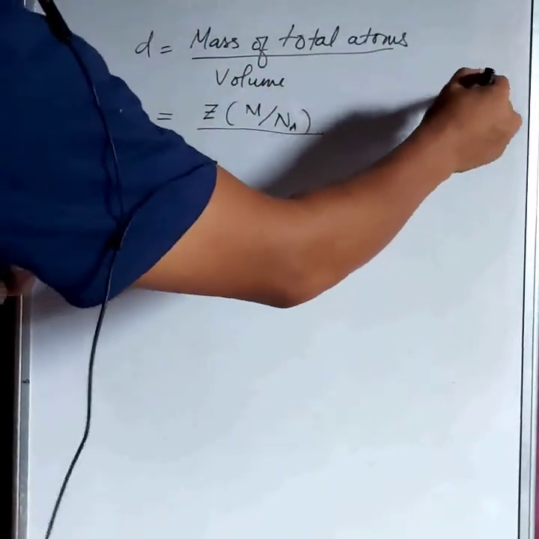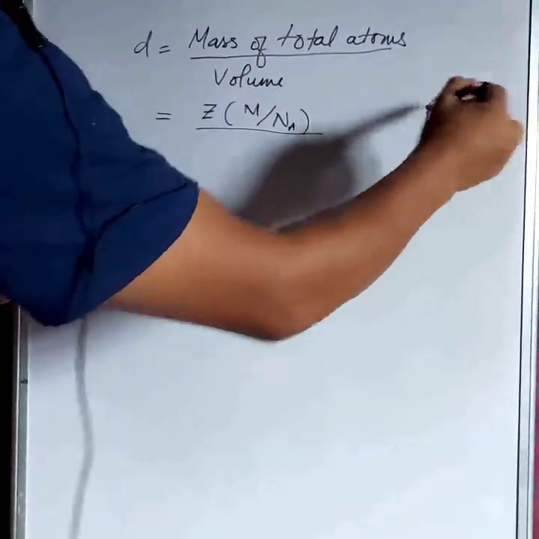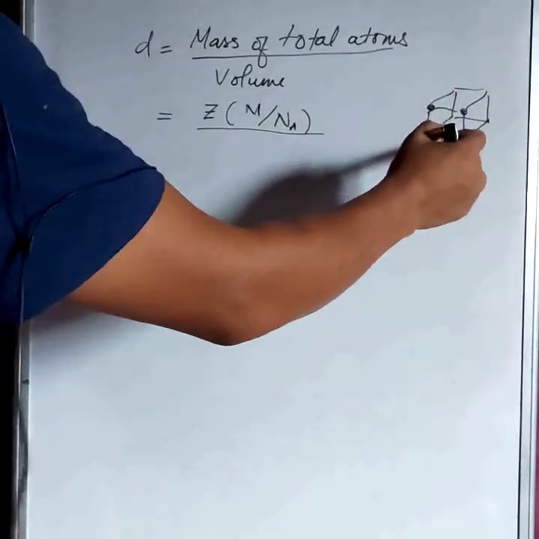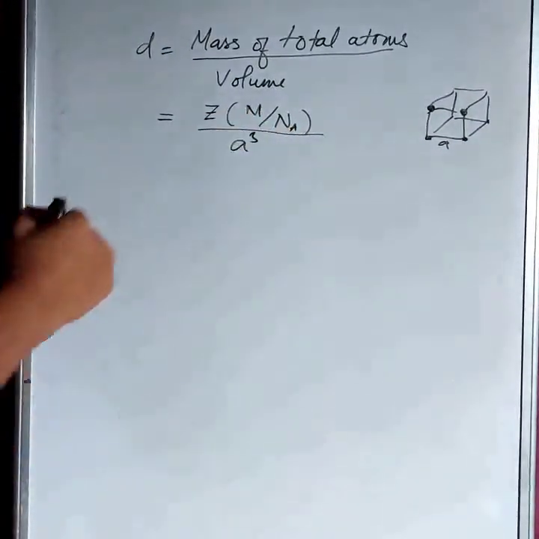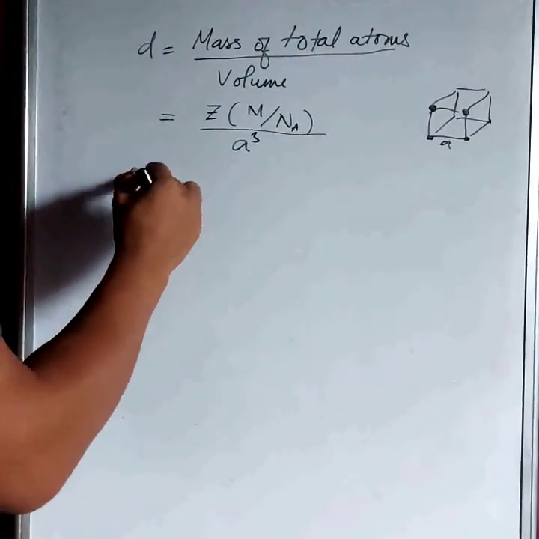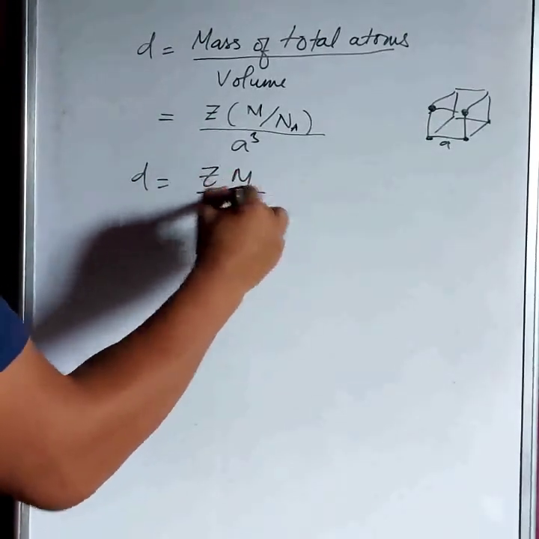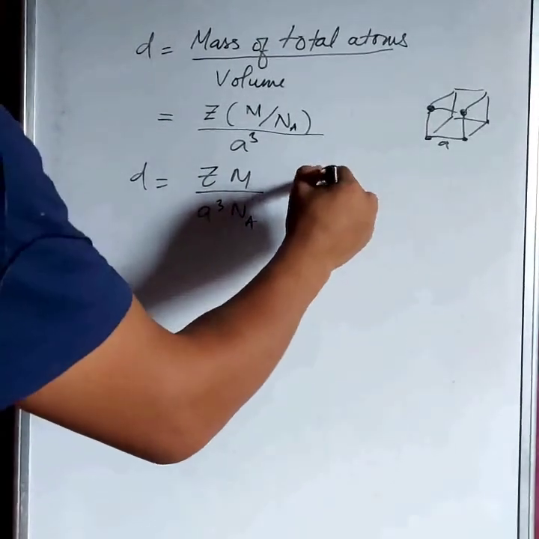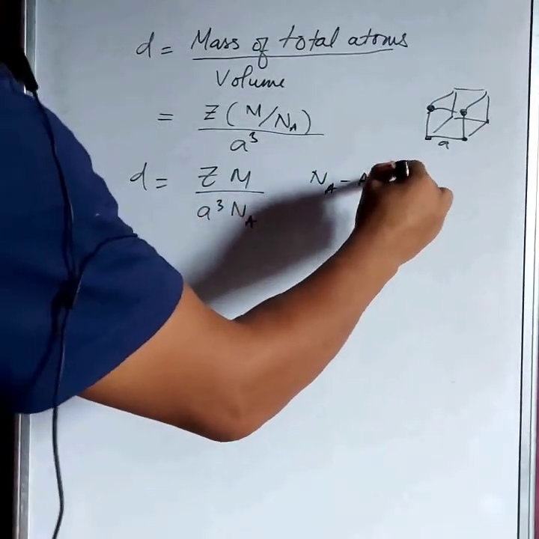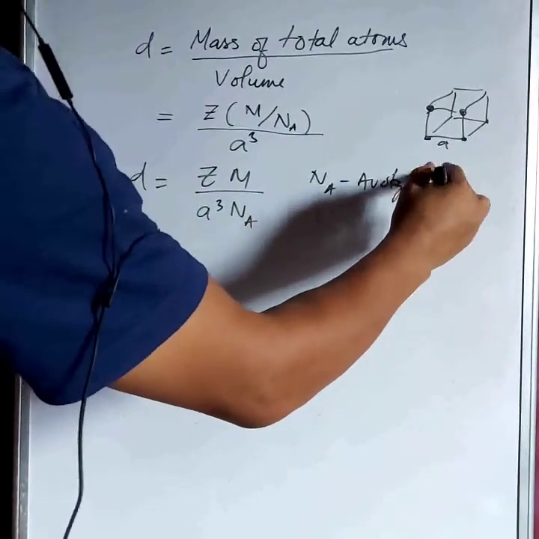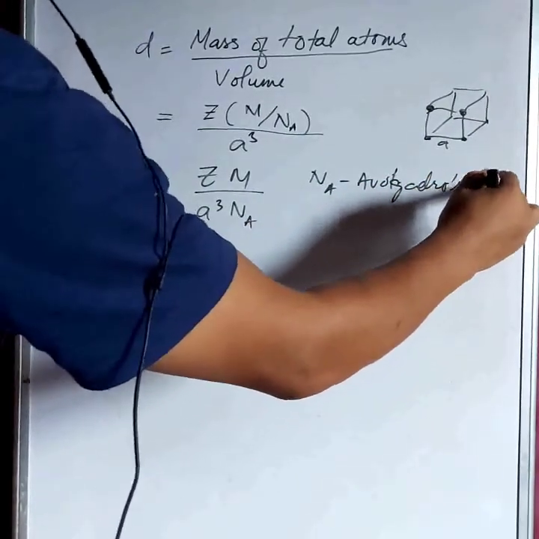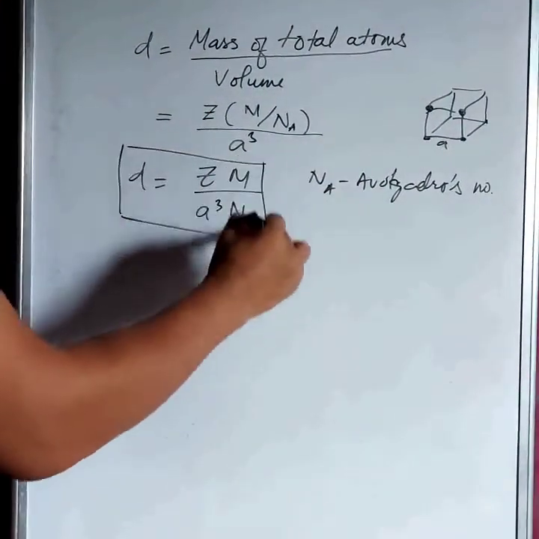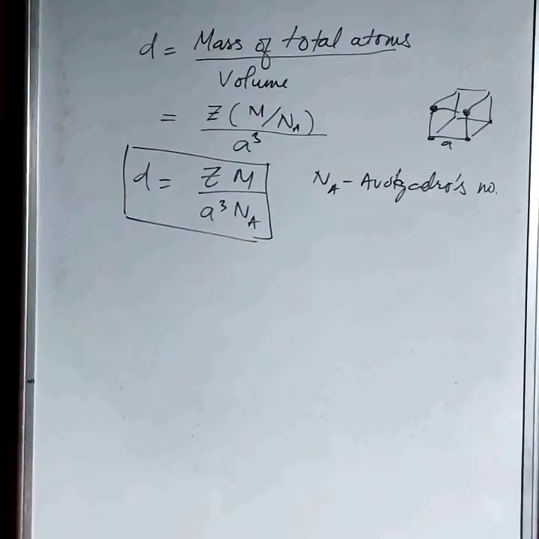Since it's a cube, if we take one edge as a, then the volume will be a cubed. So the density is Z into M over a cubed Na, where Na is our Avogadro's number, and a is the edge length. This is an important formula for calculating the density of a unit cell.